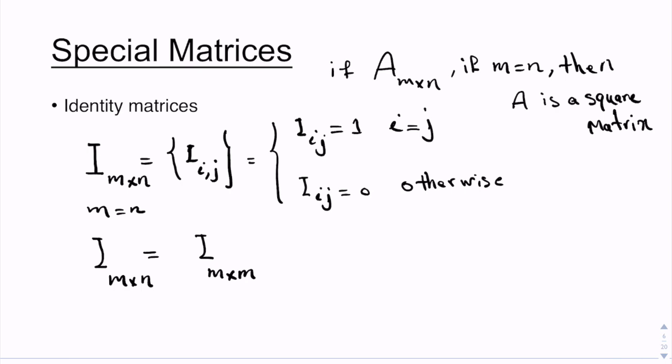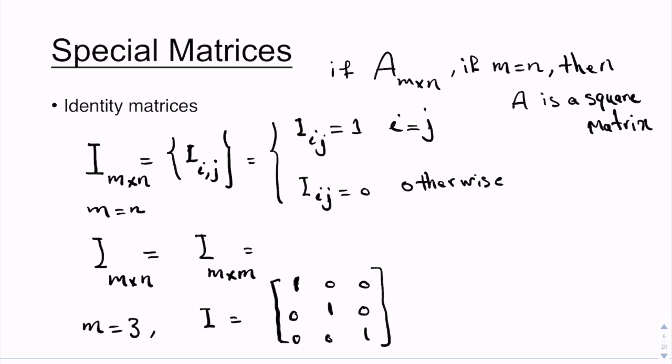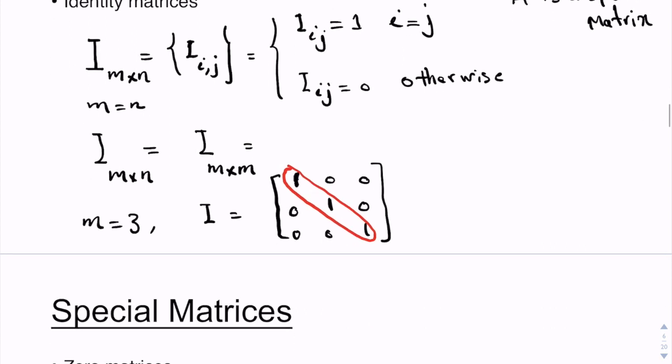And then if, for instance, m is equal to 3, then I is equal to a matrix where all elements are 0 except the elements on the main diagonal. That means this element is 1, other elements are 0, 0, this element is 1, this element is 0, 0, 0, and 1. As you see, all elements on the main diagonal are 1. Very simple and straightforward, no magic.